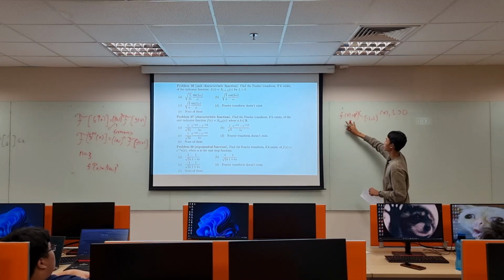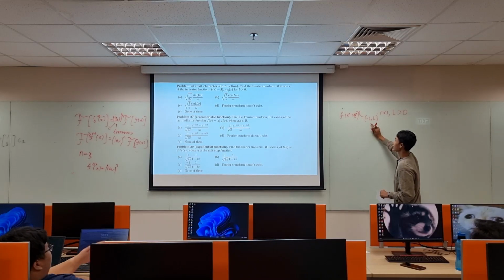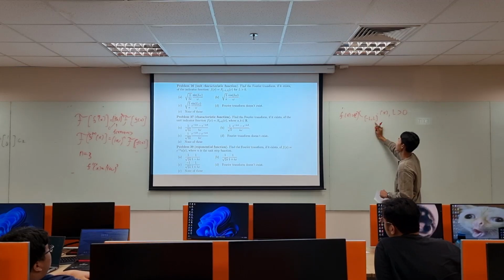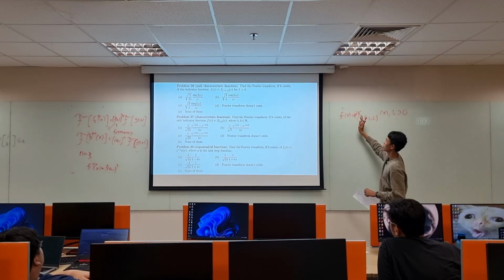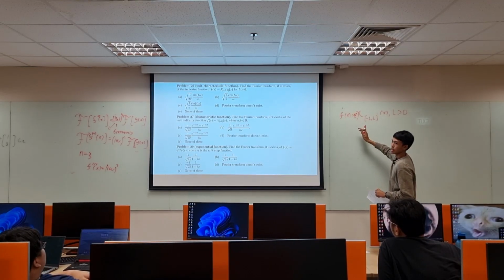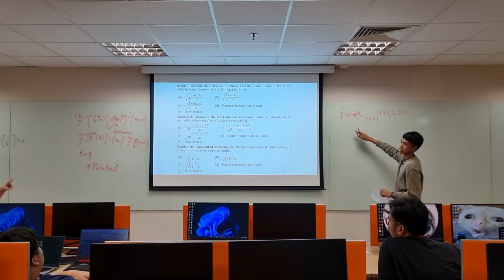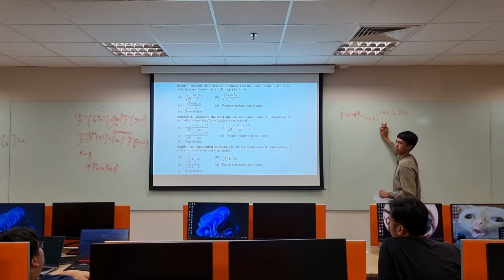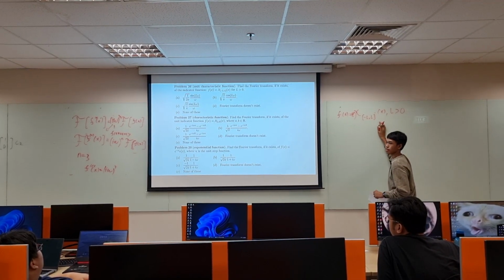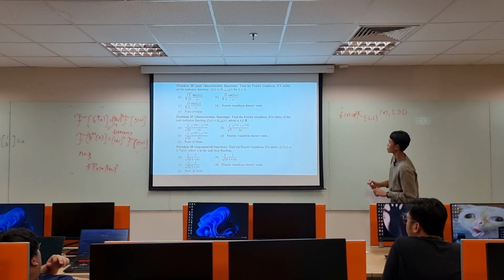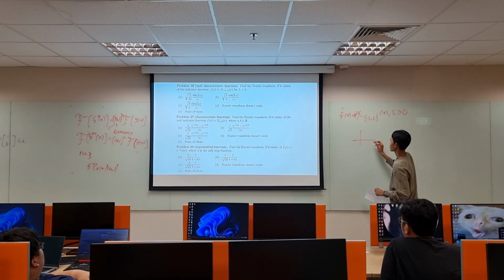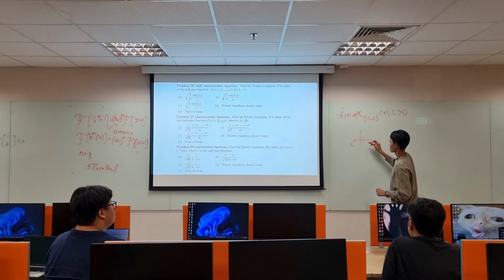It follows the value in front of the chi, so basically from minus L to L it is 1.